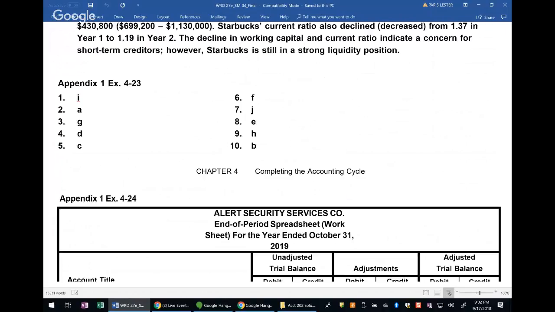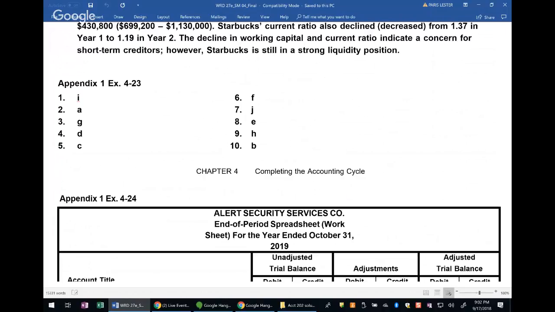Now let's look at the adjusted entries. Fees earned but not yet billed. All right, Alexander, what do you think about that? Should go for accounts receivable. Debit accounts receivable for that amount, yes, and credit fees earned. Go ahead and jot that down in your adjustment columns.